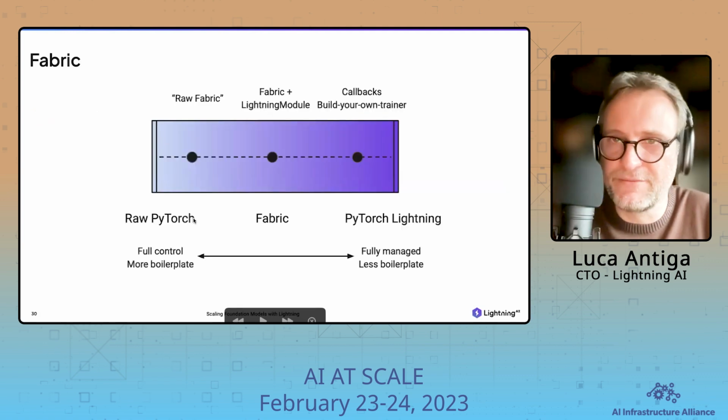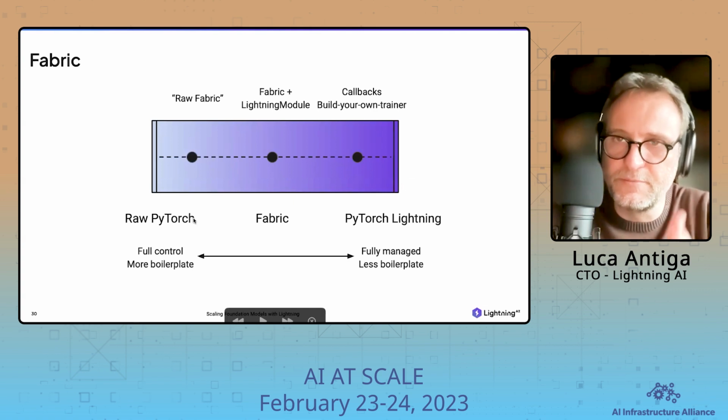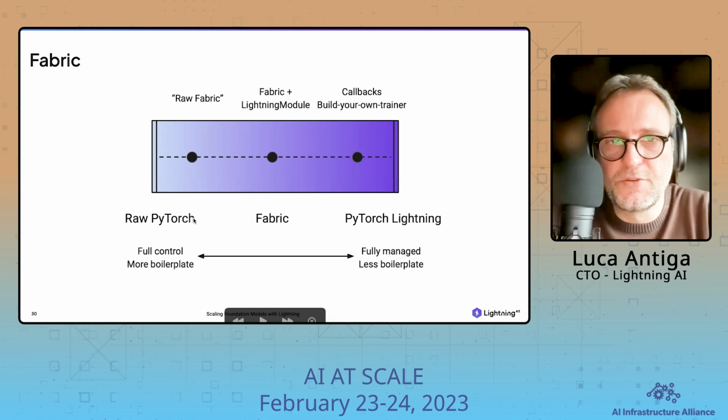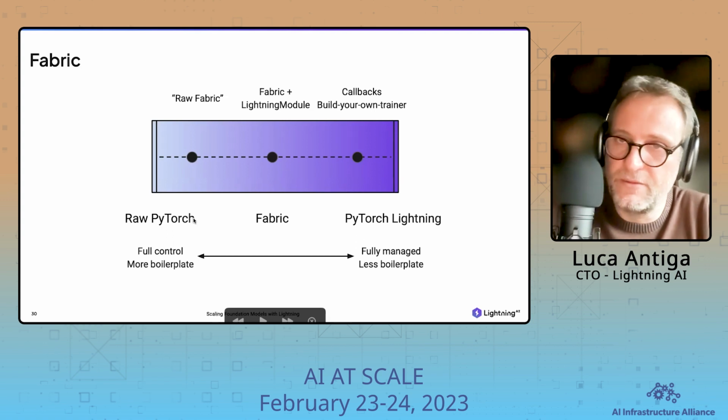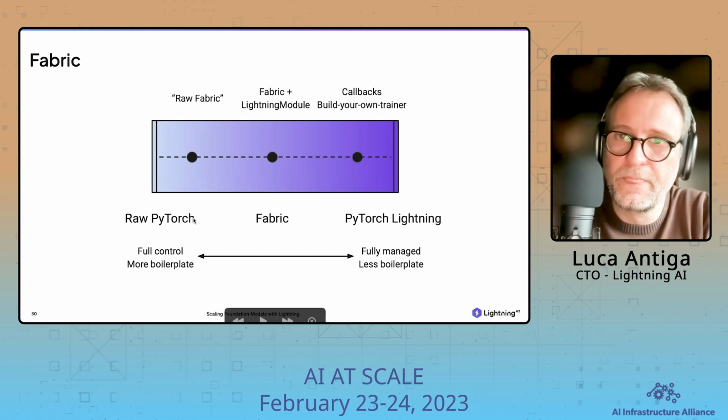All right, so we have a last data point where you have all the ingredients that would allow you to build your own trainer, modeled after the PyTorch Lightning trainer, but that could be verticalized on a specific application. Right now, the risk of buying into Lightning 100%, as we understood, could be associated with some pain if you go to certain kinds of problems, like reinforcement learning, or certain kinds of scale.